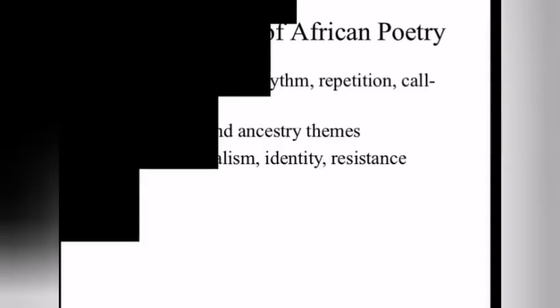Now, the oral performance, we have rhythm, repetition, call and response. We have community and ancestral themes, and the issues that were addressed using poetry were colonialism, that's the whole colonial experience.